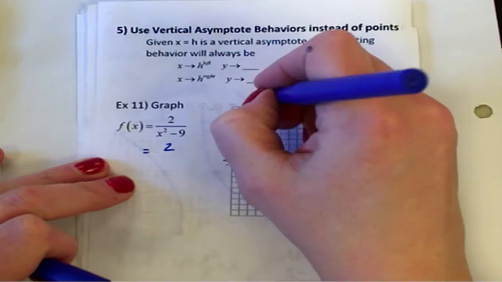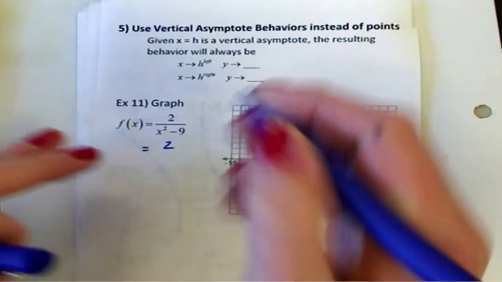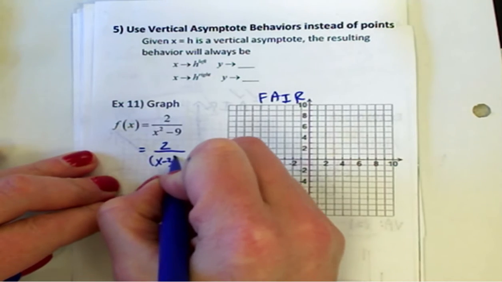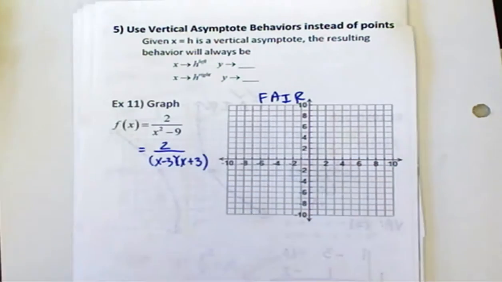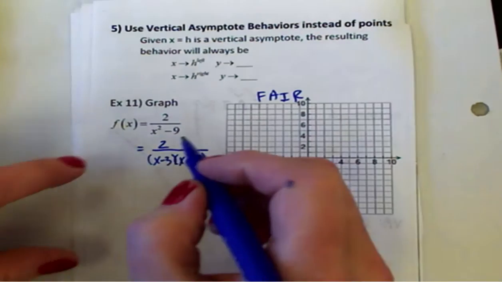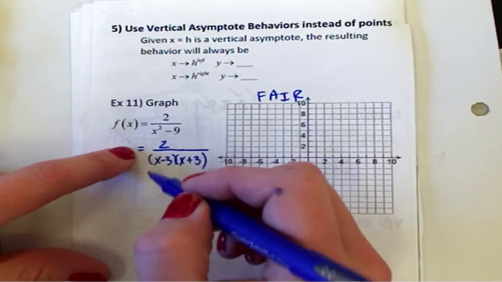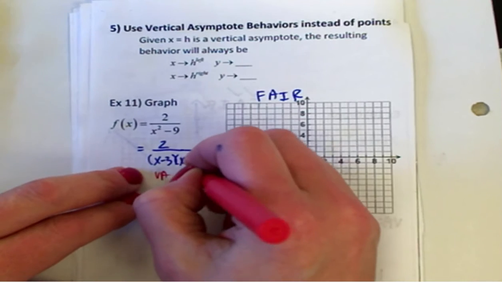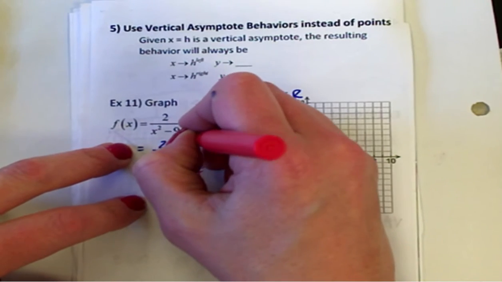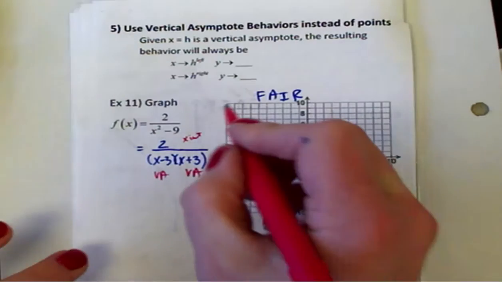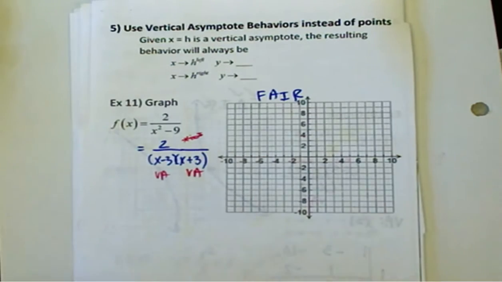Factor. Factors. Okay, so now I'm going to start labeling. Vertical asymptote, vertical asymptote. There's no factor of the numerator with a variable, guys, which means there's not going to be an x-intercept.